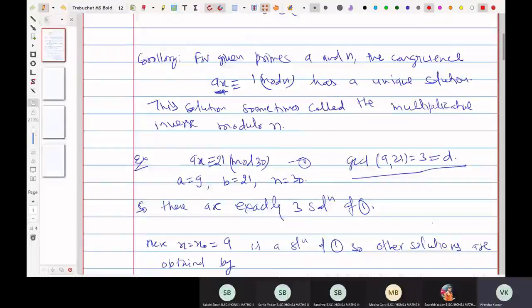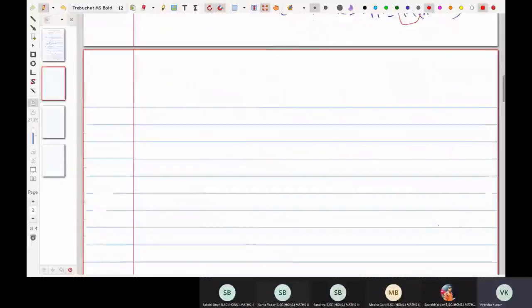So next, let us see if we have so many equations, not only a single equation, but 3, 4, 5, or 2 equations, and we need to solve them. How can we solve them? In that case, we need to search for a common solution that satisfies all the given equations. This is called the Chinese Remainder Theorem.